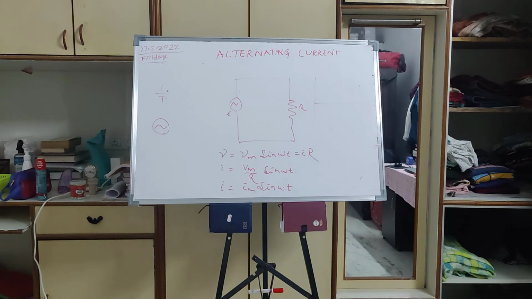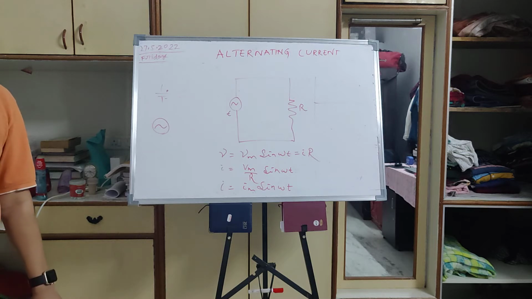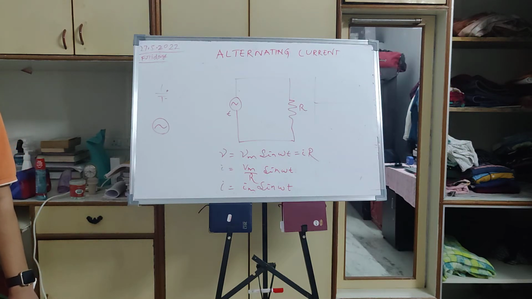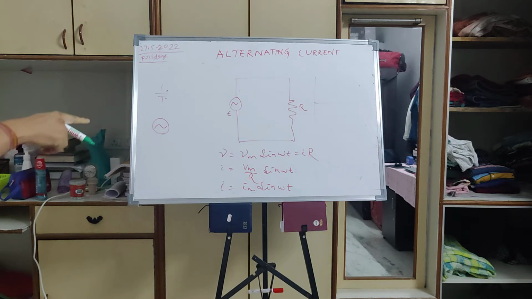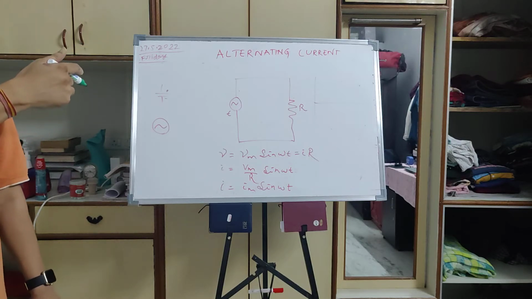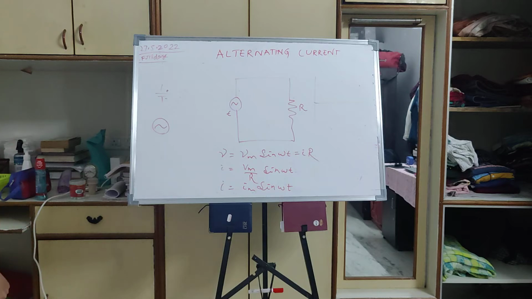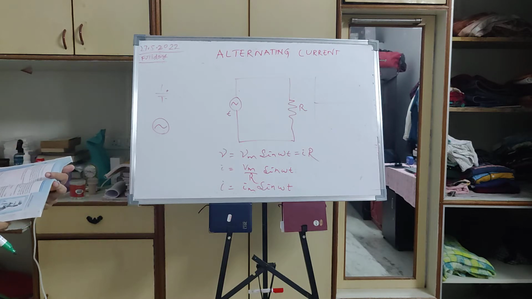Sir's handwriting is also like print. He was teaching us electronics, and I had 200 marks in electronics. LC, LRC and all come in second year physics, but because we had electronics, sir had already taught us these in first year. So we studied it twice.